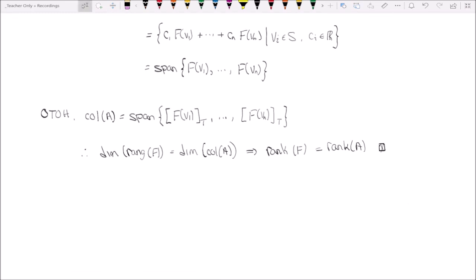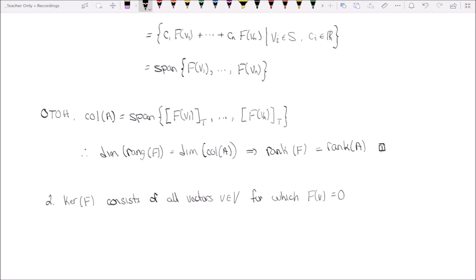Now we have to do the nullities. So the kernel of F consists of all vectors v in V for which F of v is 0.